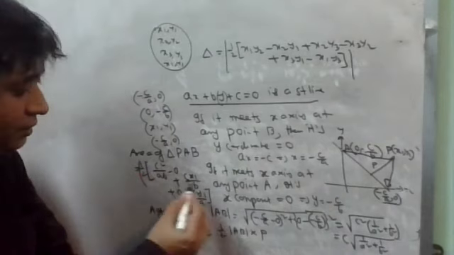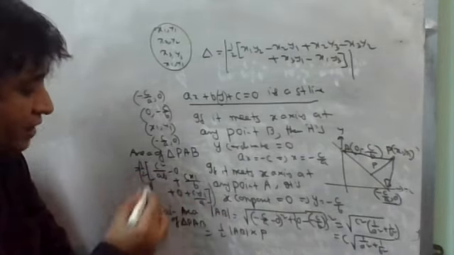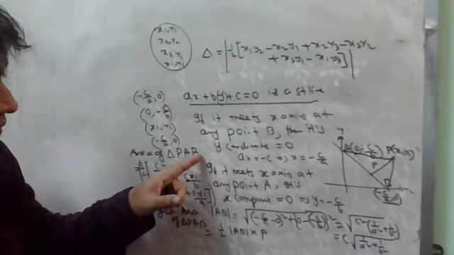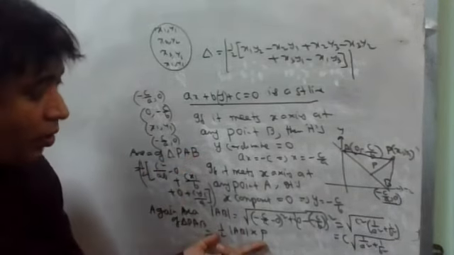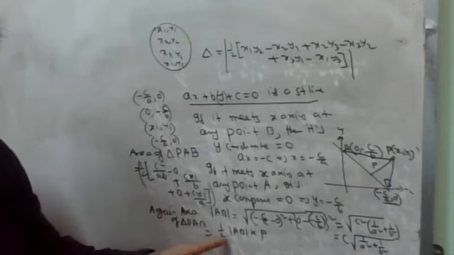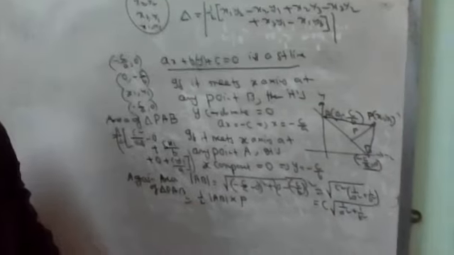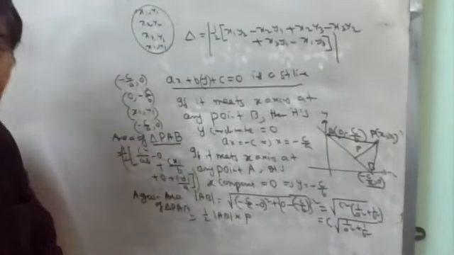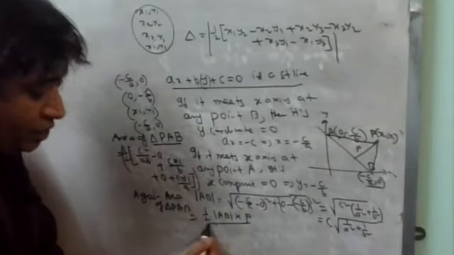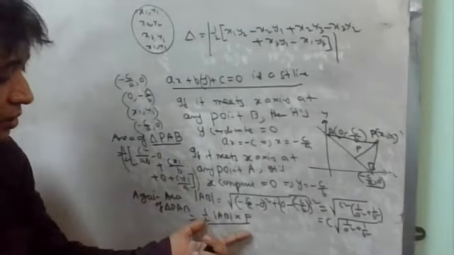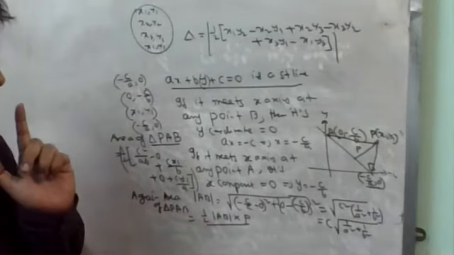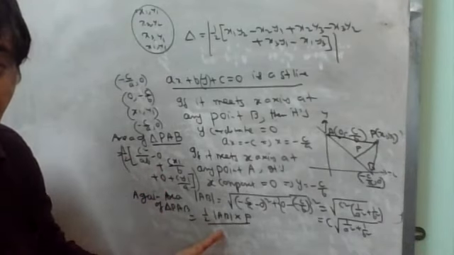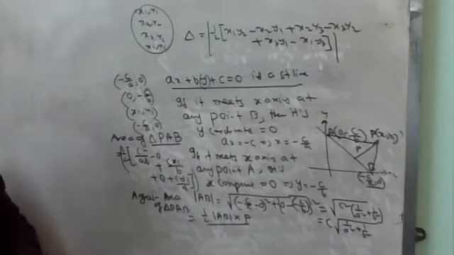So this expression represents the area of triangle PAB, and this expression also represents the area of the same triangle. By concept, these two results are the same, so we can make them equal.